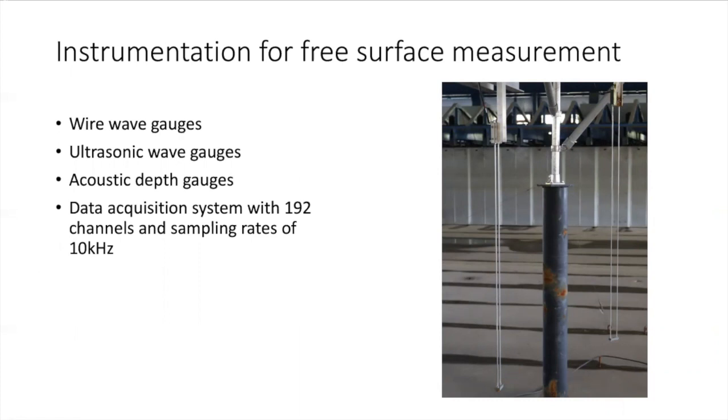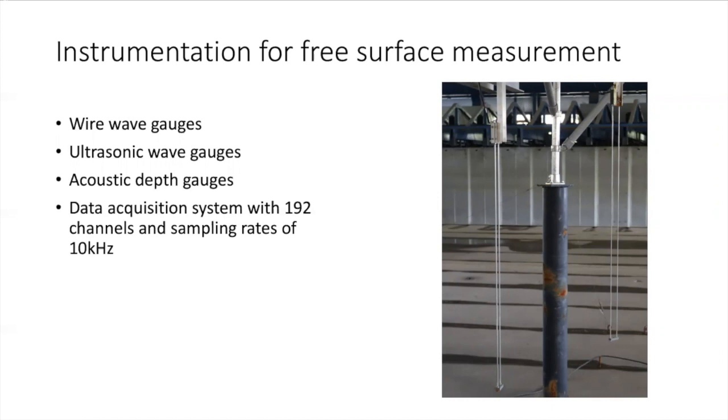And these are two wires sticking down into the water that measure the free surface elevation at that specific point. We can also use ultrasonic wave gauges, acoustic depth gauges, and these are all used with the data acquisition system.